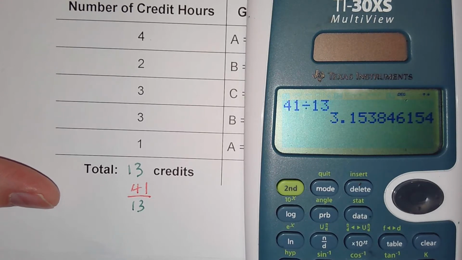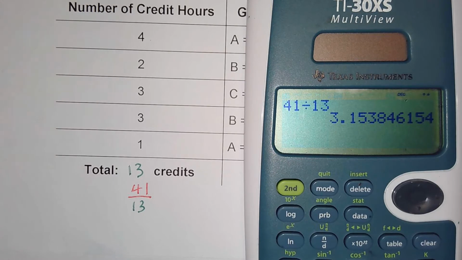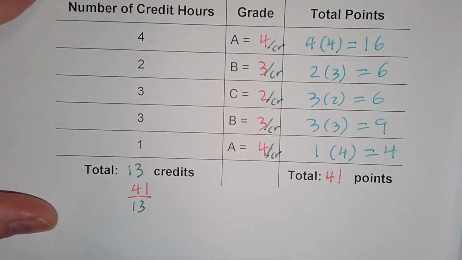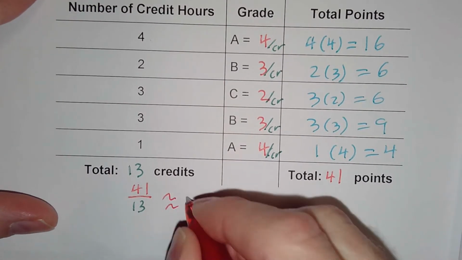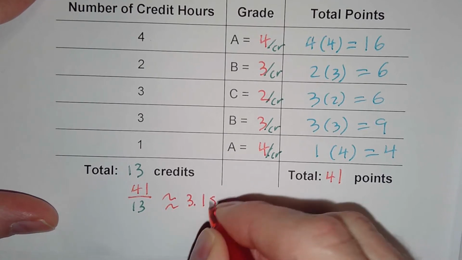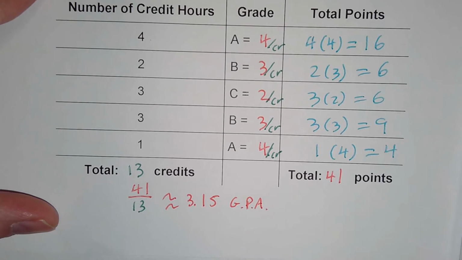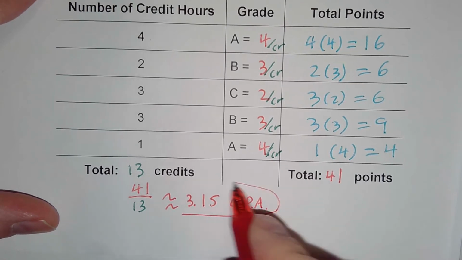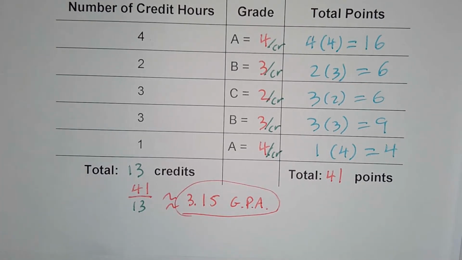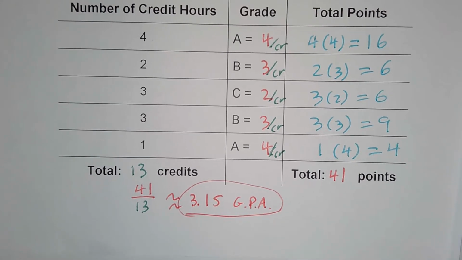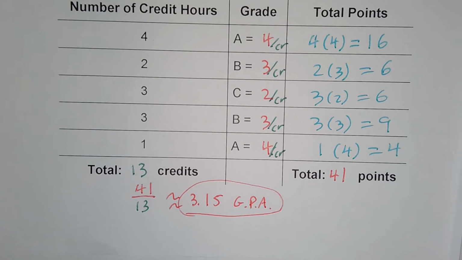Now typically with GPA they're rounded to the nearest tenth or nearest hundredth. Let's round this off to the nearest hundredth. So this would be approximately 3.15. So the grade point average would be a 3.15. All right, let's turn the page.